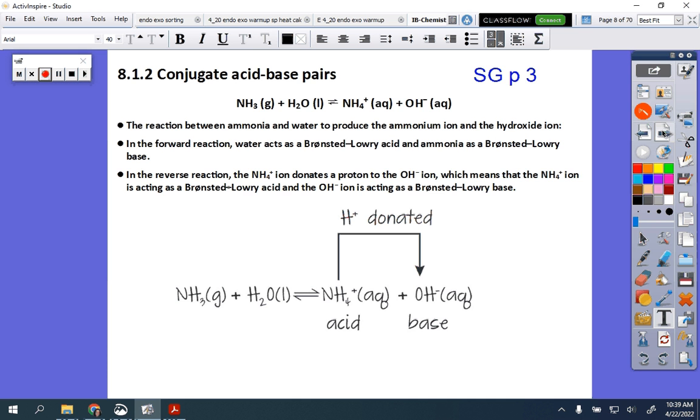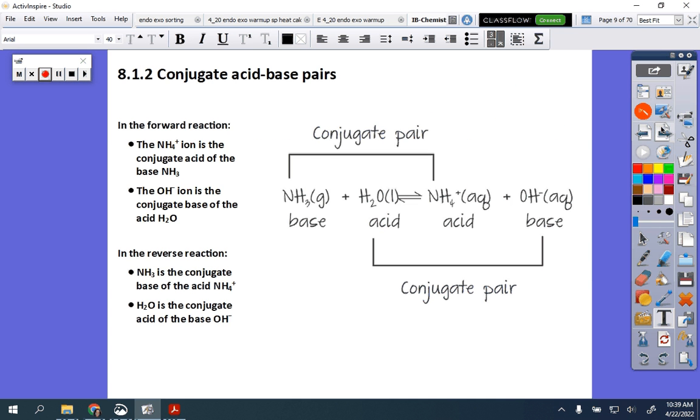Okay? When we talk about reactants and products in a reaction with acids or bases, we talk about these conjugate pairs. Whatever substance starts off as a base, when it accepts that proton, it becomes the conjugate acid. Just like in any equilibrium reaction, these are the reactants and these are the products.